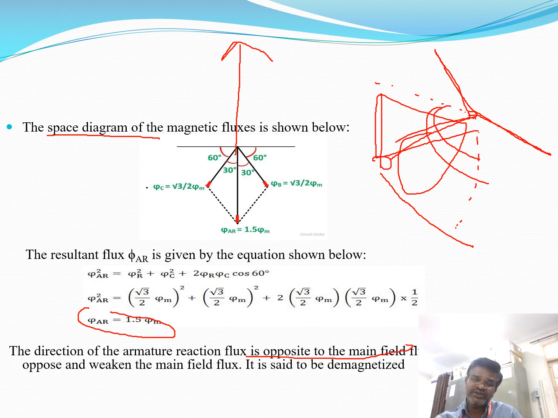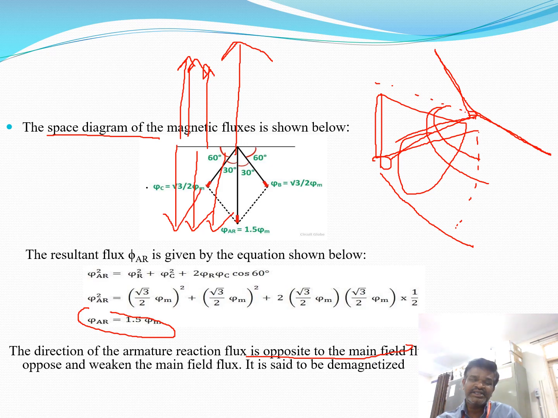The actual flux is in which direction? Upwards. It means these two fluxes are completely in opposite direction.